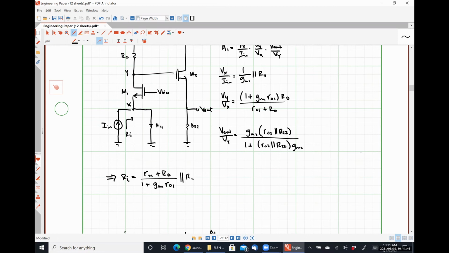So this should be fairly trivial at this point. What is it going to be? Yeah, 1 over GM2 in parallel R22. And we're done. That's the circuit analyzed.